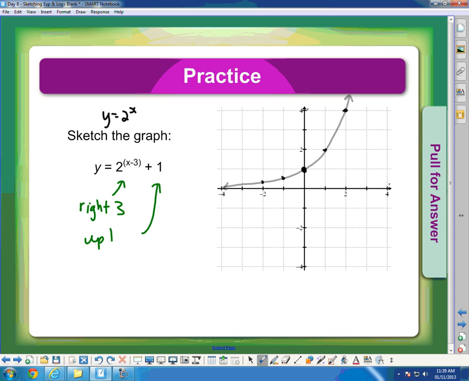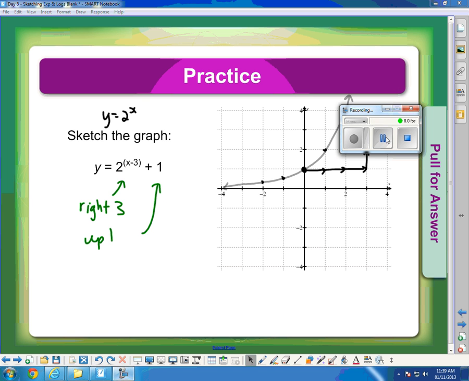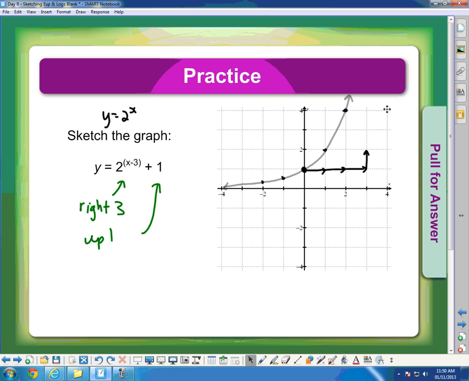So that one's going to move right 3. So there's 1, 2, 3, and up 1. So this one's been moved. If we move it to the right 3 and up 1, then we get our new point.